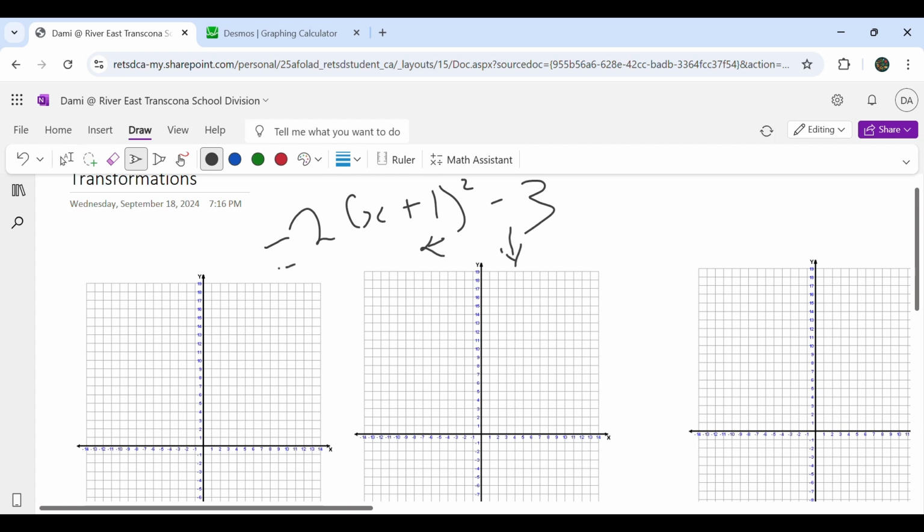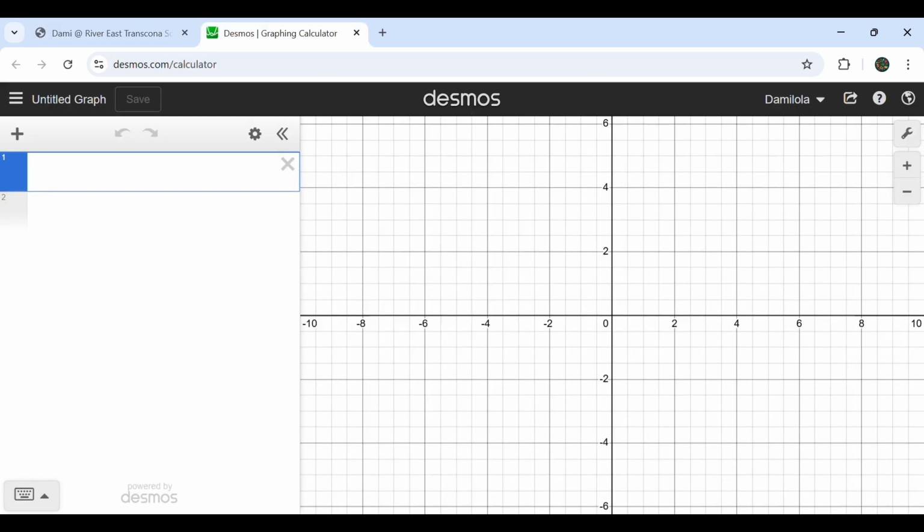Down by 3. It has a vertical stretch of 2. And it reflects over the x-axis. But I'll put it in Desmos for you to see. Desmos is a graphing app. You can use it to check your graphing.